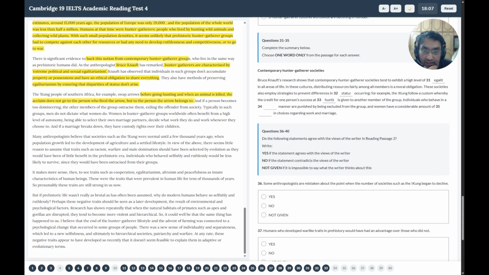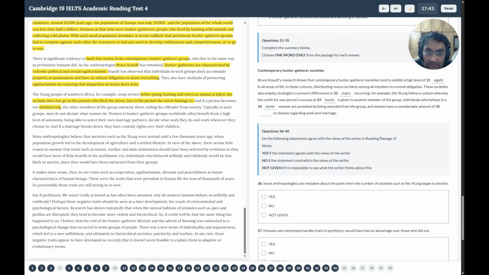Individuals who behave in a domineering manner are punished by another member of the group, ostracized. Ostracize means to punish. So if you're having a problem with this, we can just click on copy and paste it up.